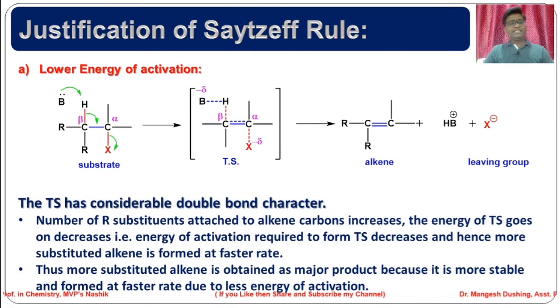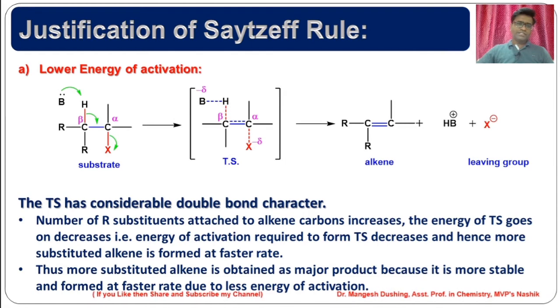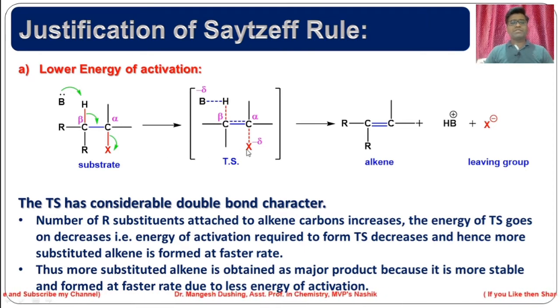Friends, in this mechanism, the transition state has considerable double bond character, rather than the single bond character of the substrate. As we know, as the number of R substituents attached to the alkene carbons increases, the energy of the transition state goes on decreasing.